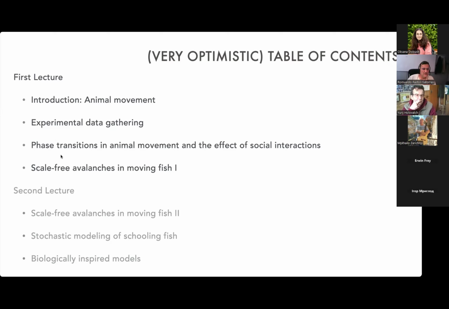First is showing that there is a possible phase transition in animal movement when you have big groups of animals that move together, and what the effects of social interactions are in these transitions. Then we will see a nice application of statistical mechanics, the observation of avalanches in moving fish. If I don't have time, which probably I won't, I'll finish this part in my second lecture, and then I'll try to explain how we can model the movement of these groups of animals.